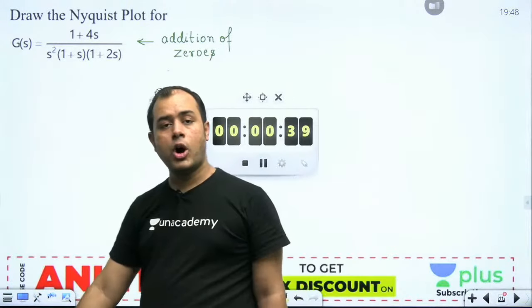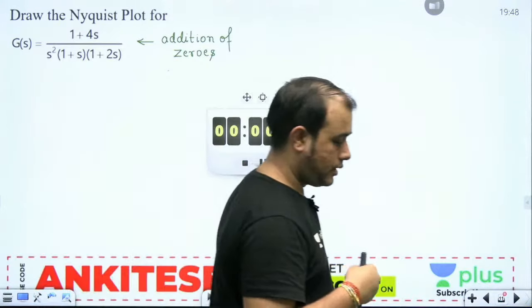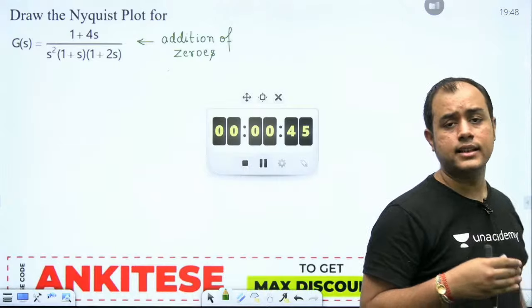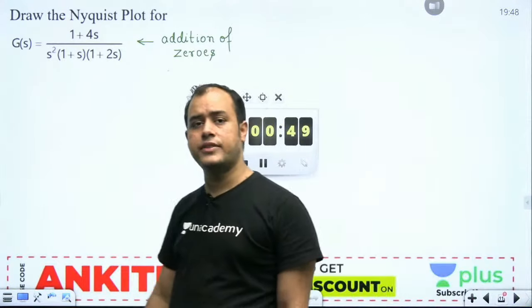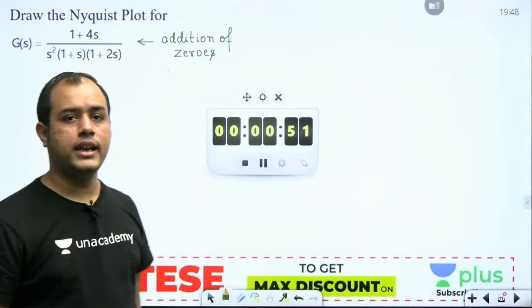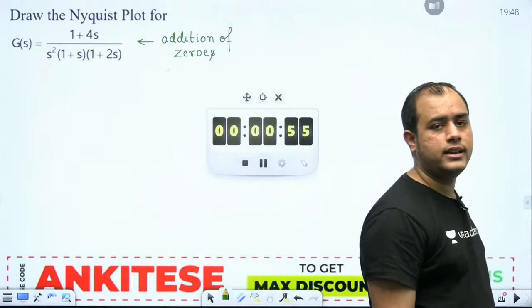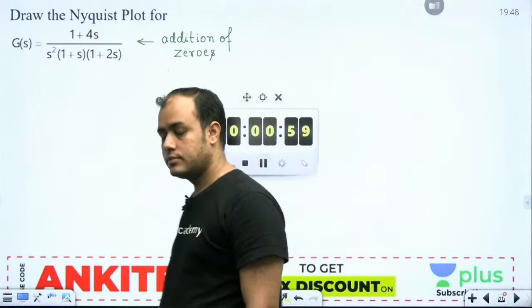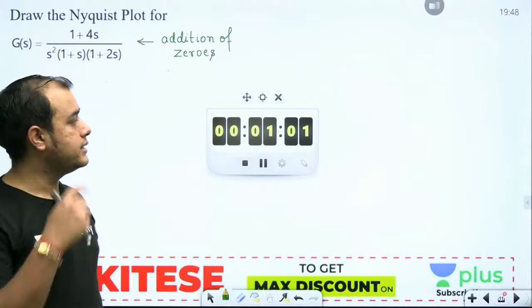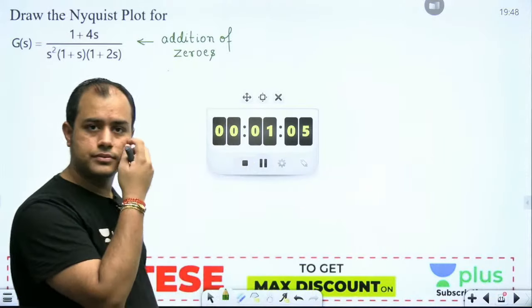Gajendra, if you want to check whether it starts from above or below the real axis, for that you have to check the intersection with the real axis. Pulkit, I'll show you why it is intersecting. Don't worry. Just let me come to that. Why it is intersecting with the real axis, that we'll see.